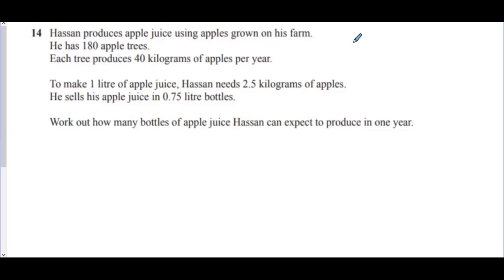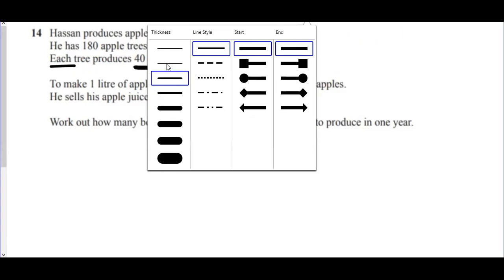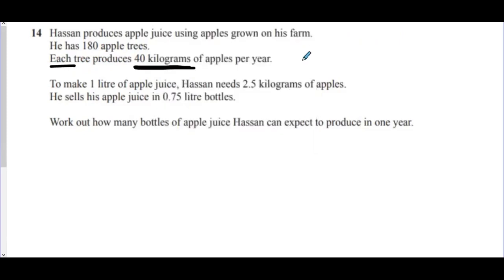So we start from this sentence here, that one tree produces 40 kilograms. So you're going to go ahead writing that one tree produces 40 kilograms of apples per year.